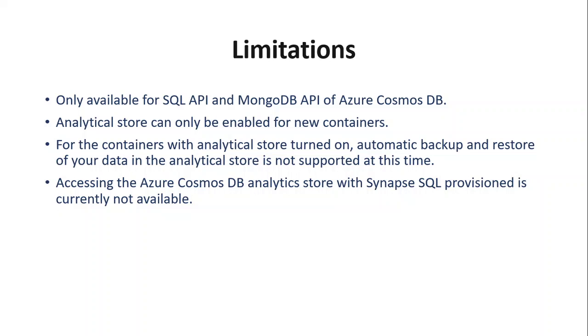So if you already have an existing container in your Azure Cosmos DB, you can't use it. There is a workaround: you create a new container and copy your old container data, and that way you can enable the analytical store.